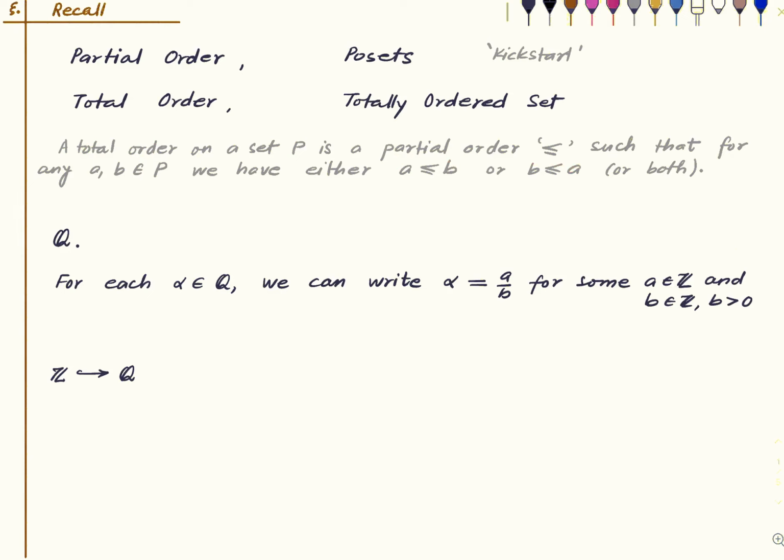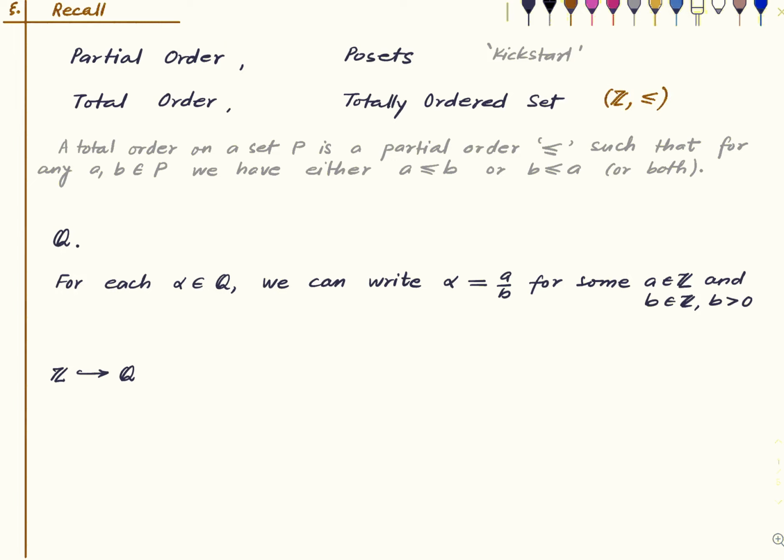A totally ordered set is just a partially ordered set where the partial order is actually a total order. This may sound like garbage, but it is actually a very meaningful mathematical statement. For instance, the usual ordering on integers is a total order. The integers are a totally ordered set under the usual ordering.